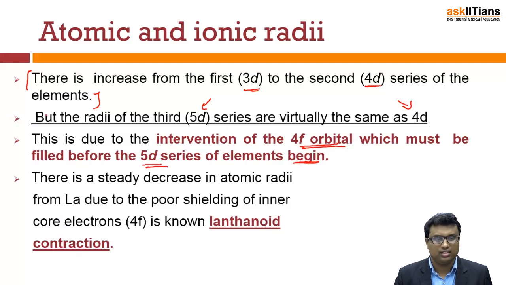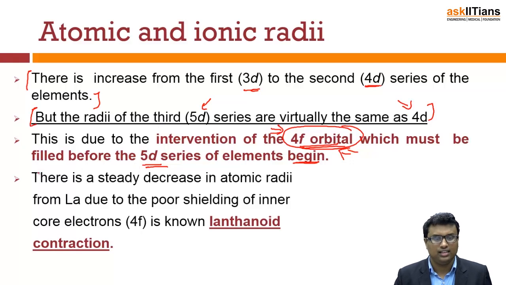So this is another reason why the radii of the 5d series are virtually the same as the 4d series. As I already told you in the introduction, for the 5d series you now have 4f orbitals also. These 4f orbitals should also be filled. So that's why they are intervening in between, and that's why the radii are almost the same.